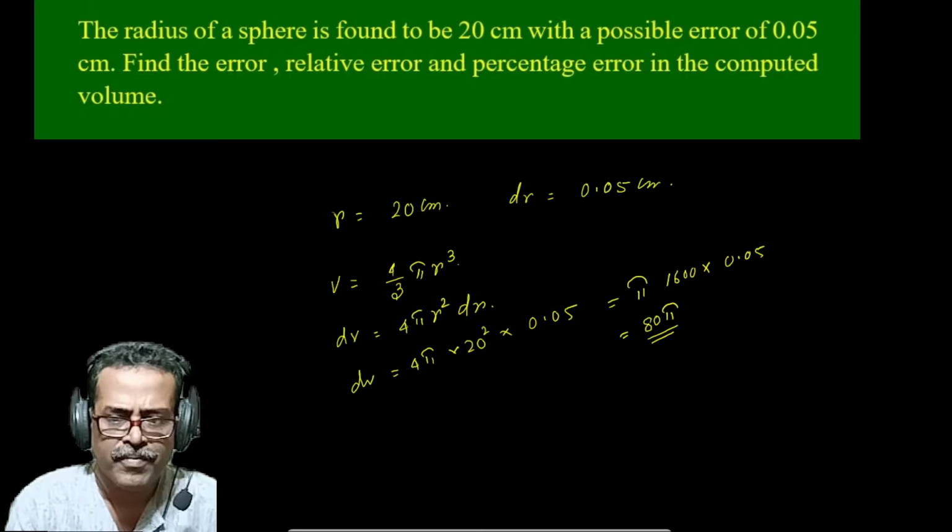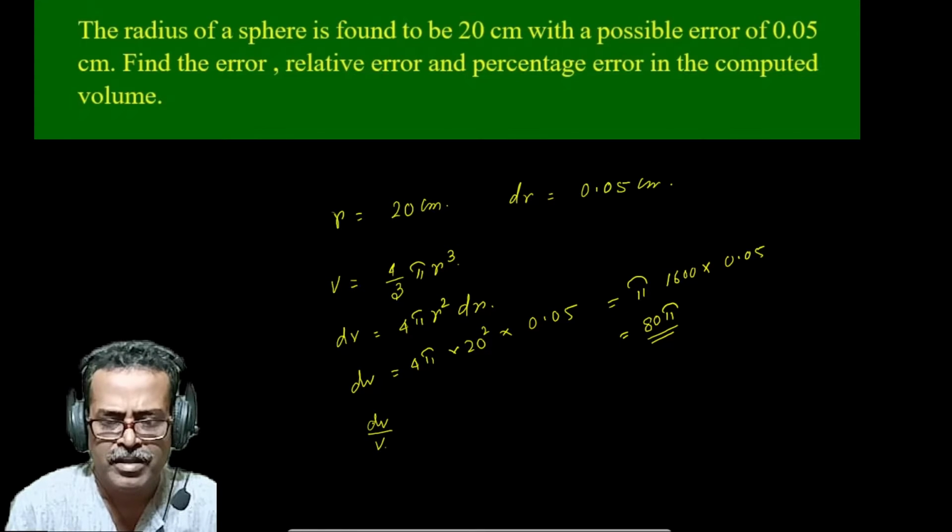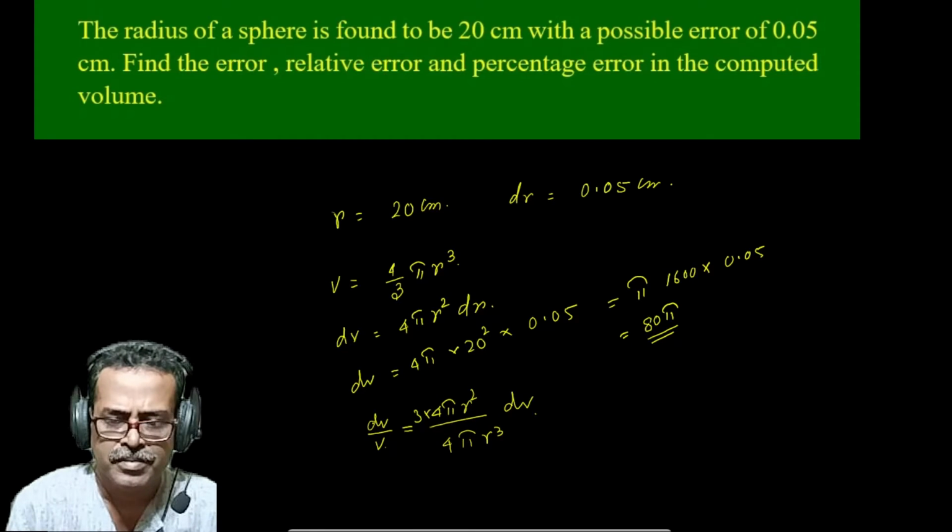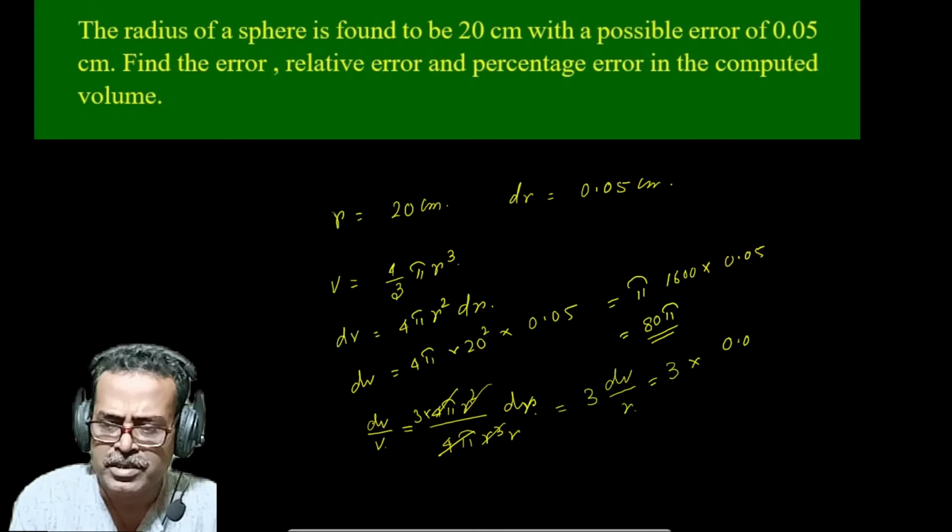Now relative error, dV by V is equal to the relative error. dV by V is 4 pi r square dr by 4 by 3 pi r cube, is equal to 3 dr by r, that means 3 into 0.05 divided by r, that is 20.